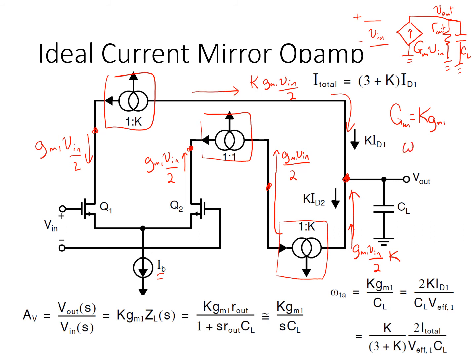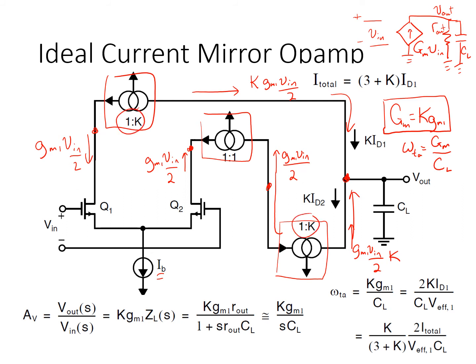So as with all single stage amplifiers, we expect the unity gain frequency of the amplifier to be its capital Gm over CL. But with the folded cascode, the capital Gm was just equal to the small signal transconductance of the input pair, whereas here we've got this additional term K, which is the gain of these current mirrors.